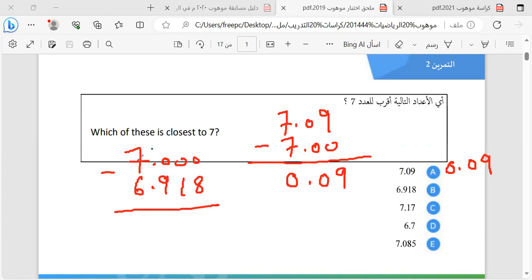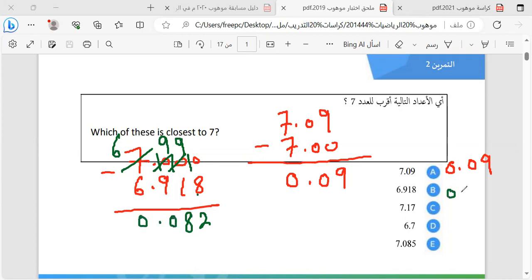So we borrow from 7, then put here 10, put here 9, 10, 9, 10. Here will be 6. Okay, 10 minus 8 is 2. 9 minus 1 is 8. 9 minus 9 is 0.